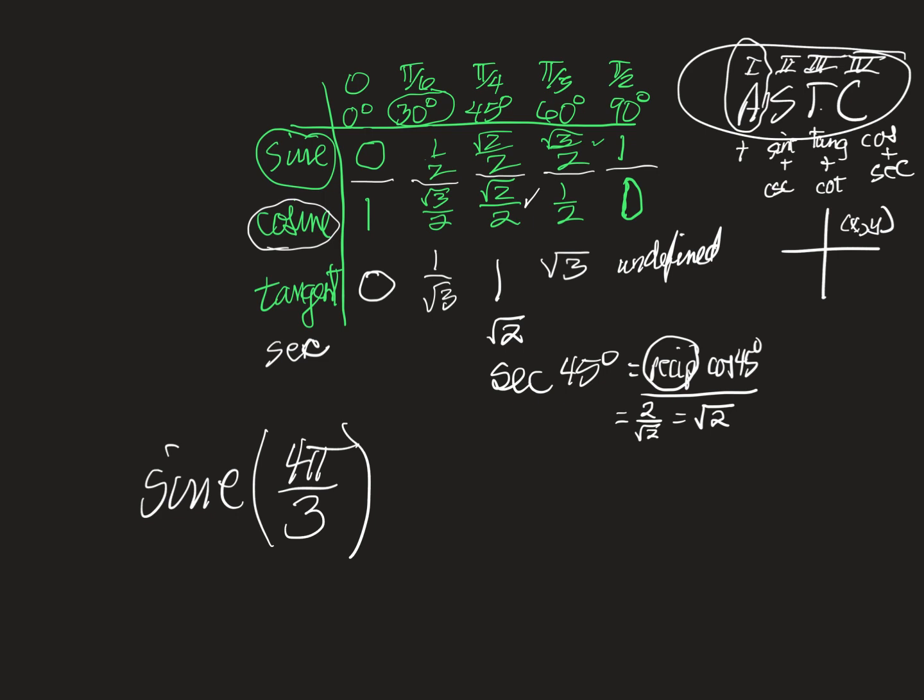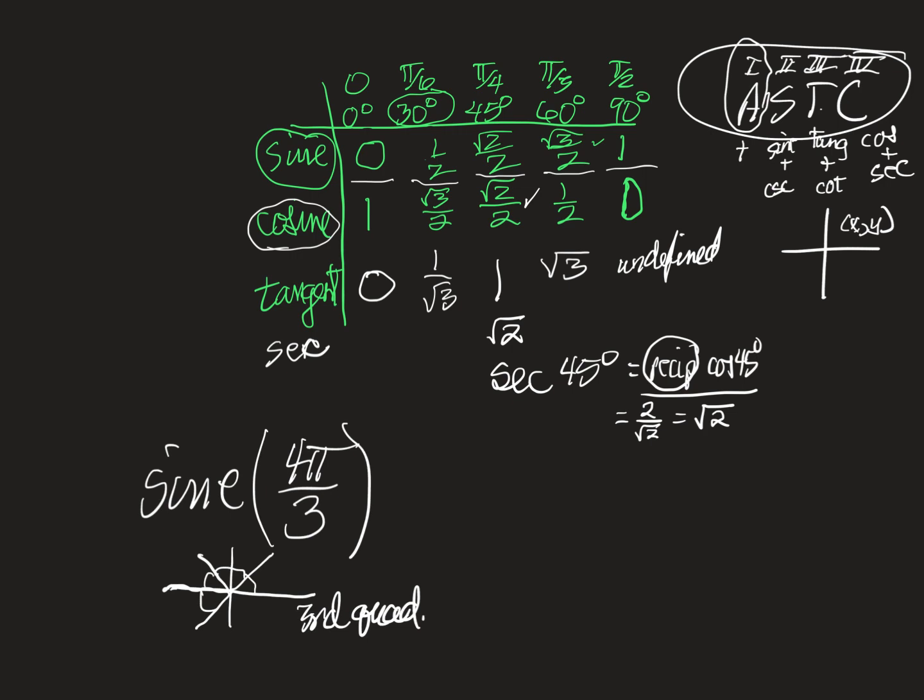So when I say the sine of 4 pi over 3, how do I want to do this problem? The first thing I want to do is draw a correct picture. 4 pi over 3. Here's pi over 3, 2 pi over 3, 3 pi over 3, 4 pi over 3. So 1, 2, 3, 4 pi over 3 is a third quadrant angle. Third quadrant. All right.